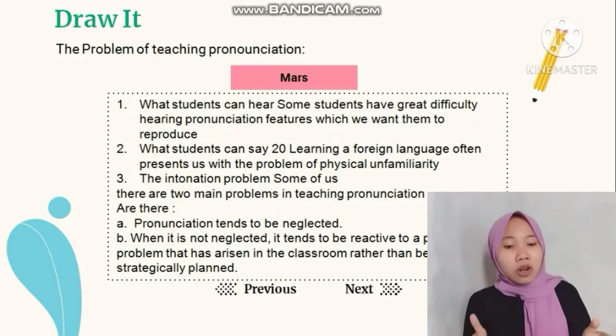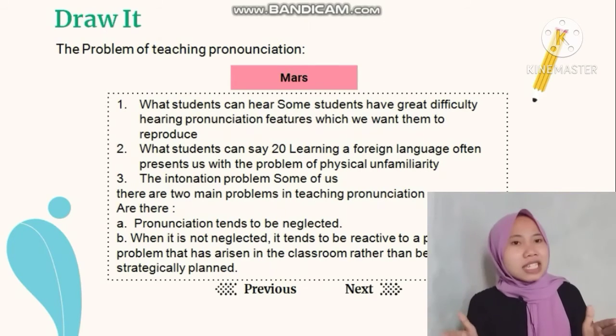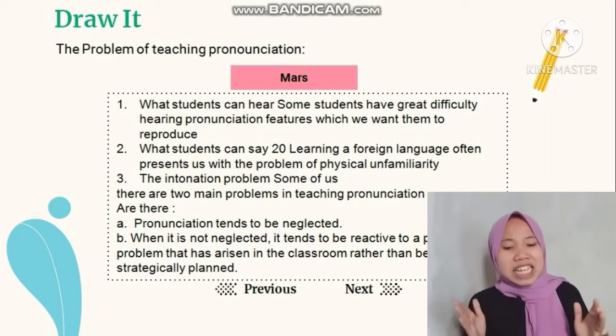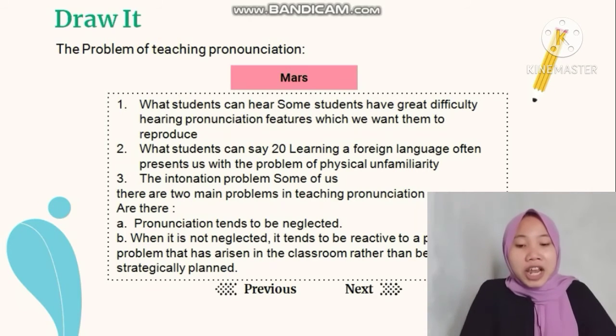Many learners of a foreign language often face the problem of physical unfamiliarity. And the 3rd is the intonation problem. There are 2 main problems in pronunciation: pronunciation tends to be neglected, and when it is not neglected, it tends to be reactive to a particular problem that has arisen in the classroom rather than being strategic and planned.